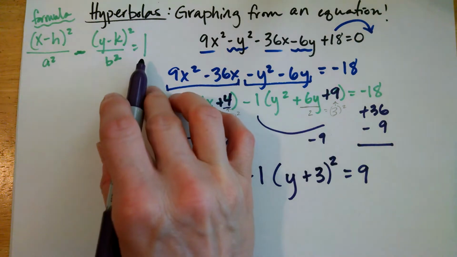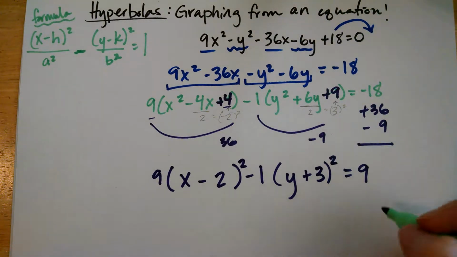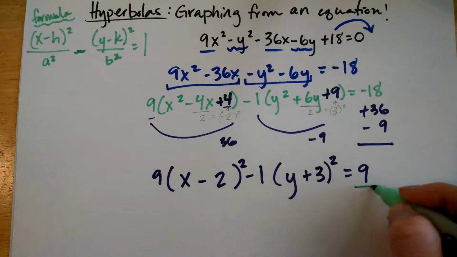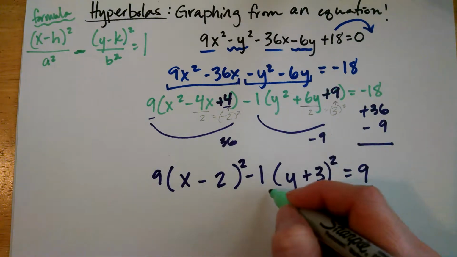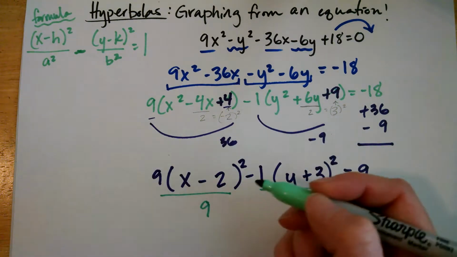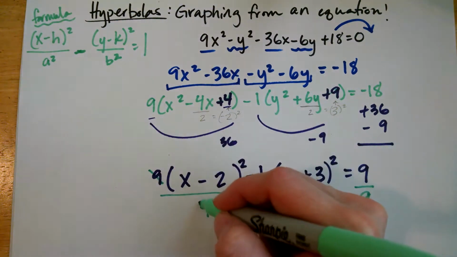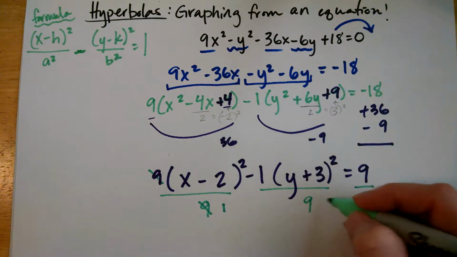I just need a 1 over on this side, and I need some denominators over there. So, to get a 1 on the right side of the equation, I need to get rid of this 9, or actually turn it into a 1. So I'm going to divide this 9 by itself. So I'm going to divide that by 9. Whatever I do on one side, I've got to do on the other. So I'm going to break this down, reduce that, that's going to be 1. Reduce this, well, it's not going anywhere, it's just going to be 9.